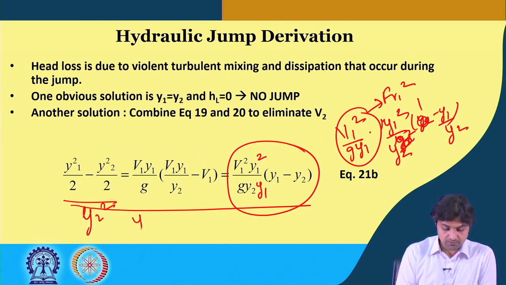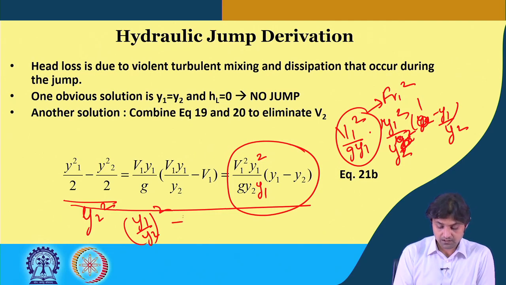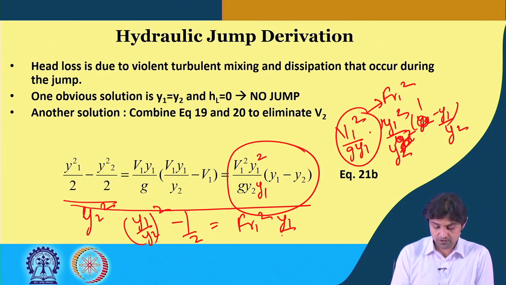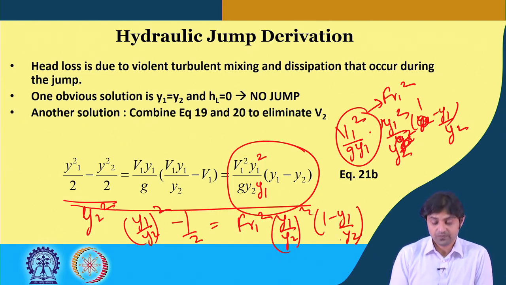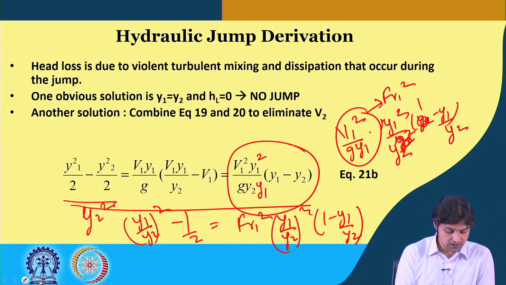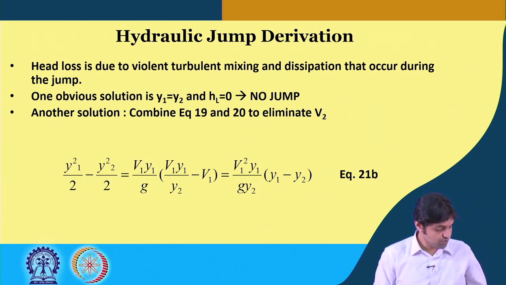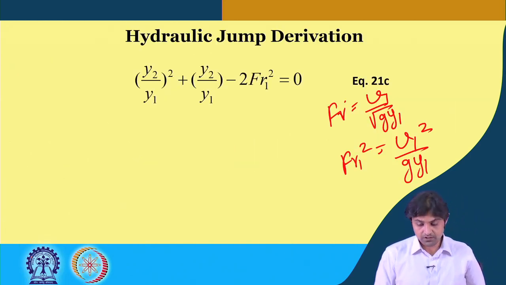So, this will become y1 by y2 whole square, and this becomes minus 1 by 2 is equal to Froude number whole square y1 by y2 whole square into 1 minus y1 minus y2, and this on rearranging will come out to give this equation.